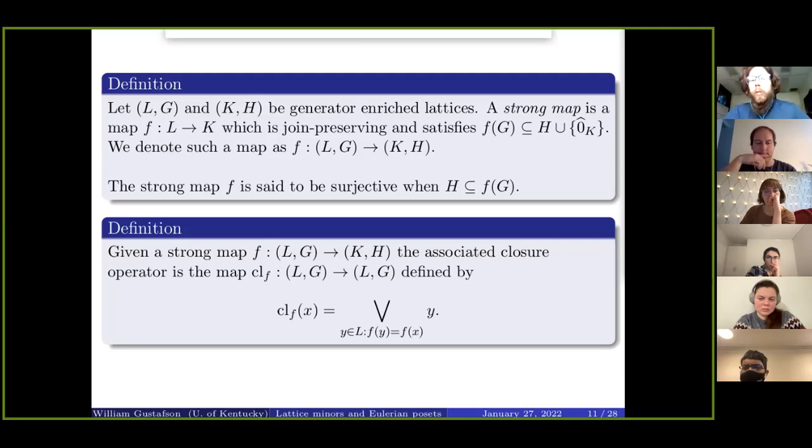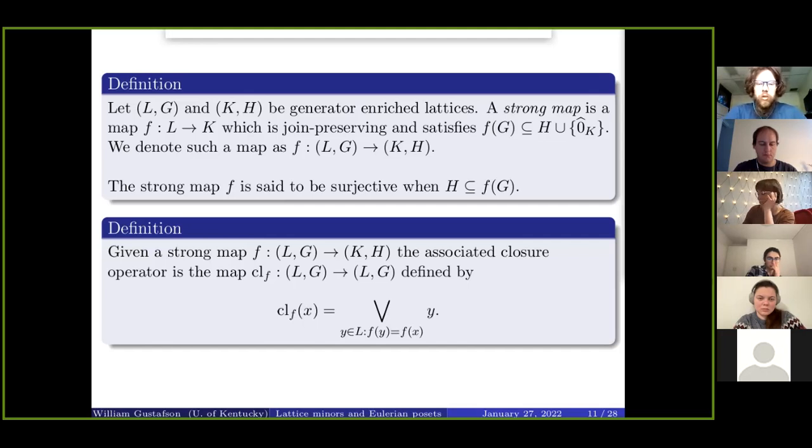One definition of a strong map between simple matroids is a join preserving map between the lattice of flats where atoms go to atoms or the minimum. And a strong surjection has to satisfy that all the generators in the codomain are mapped to by a generator. This necessarily implies that the map on the underlying lattices is surjective.